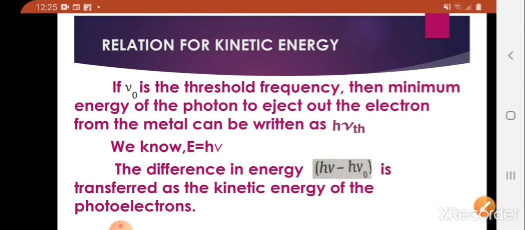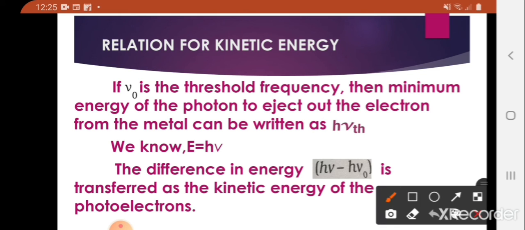Also, we already know that the energy of the photon is E equal to h nu. So the difference in energy, h nu minus the minimum energy h nu 0, is transferred as the kinetic energy of the photoelectrons, that is, to the ejected electrons.